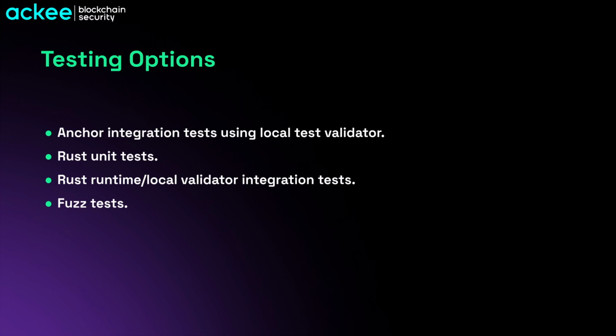Maybe some operations with blocks and slots are not working as in a real validator, but usually it's quite sufficient. Or you can use a local validator for the integration tests. There is a Rust crate directly from Solana that you can use.